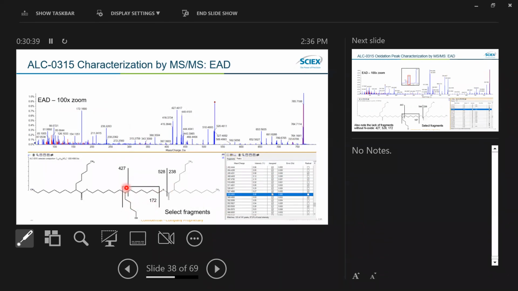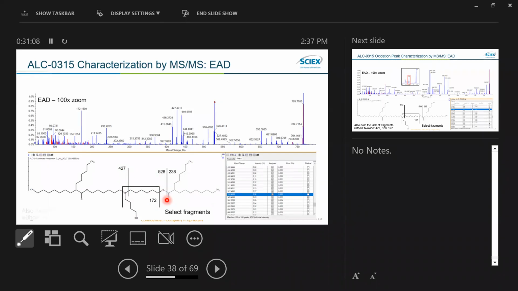Between the 427 and the 172, we can use these fragment ions to segregate that head group, and we can look for oxidative impurities there specifically, segregating them from other parts of the molecule. And then there's this 528 here, which fragments the ester bond. So this is the pure ALC0315.